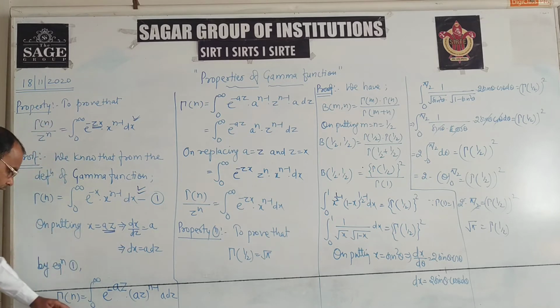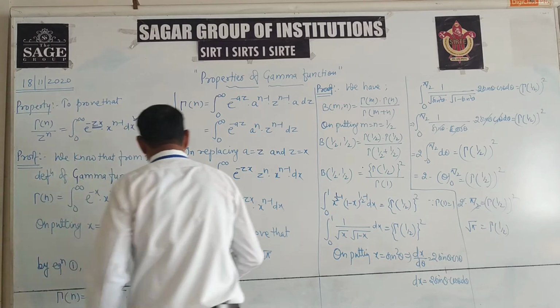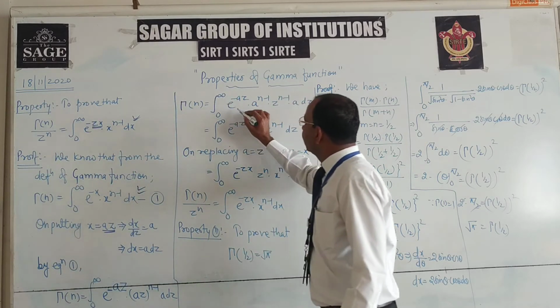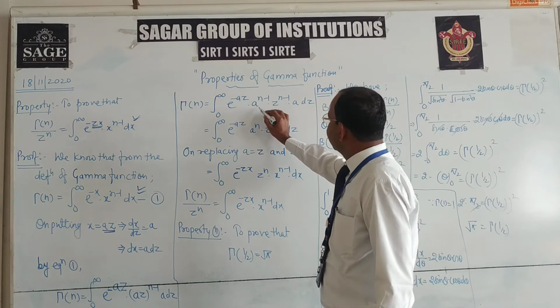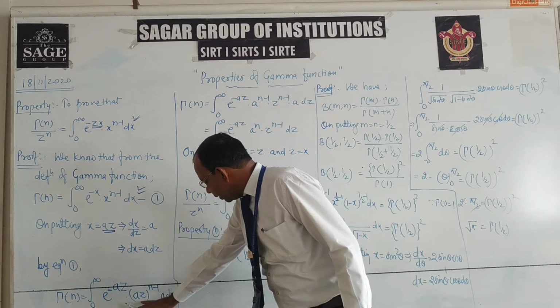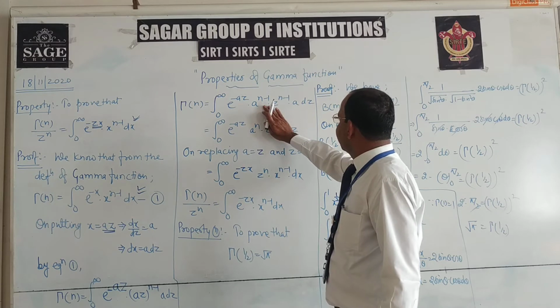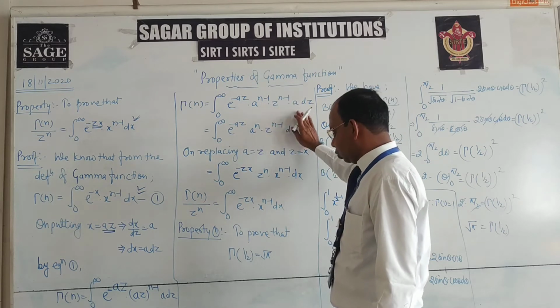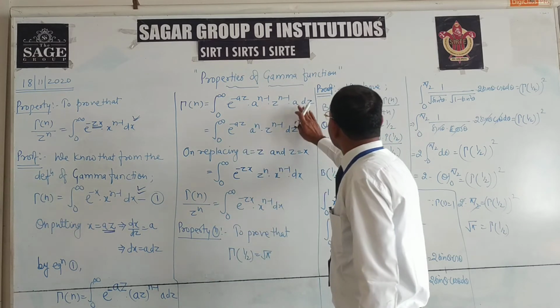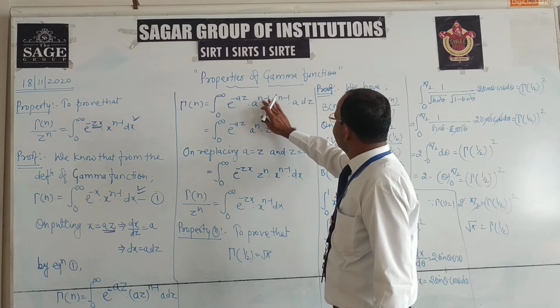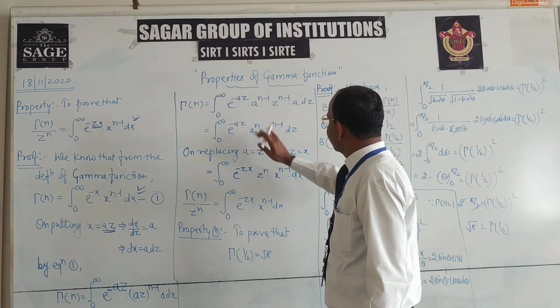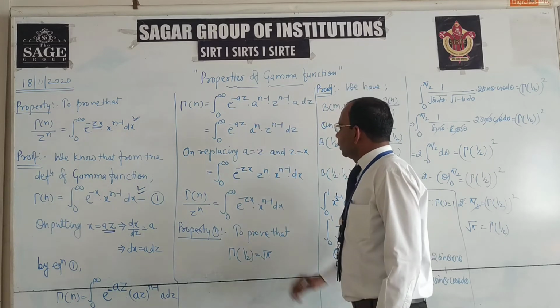Now we substitute: gamma n is equal to the integration from 0 to infinity of e to the power minus az, into a to the power n minus 1 z to the power n minus 1 into a dz. A to the power 1 and a to the power n minus 1 give a to the power n.